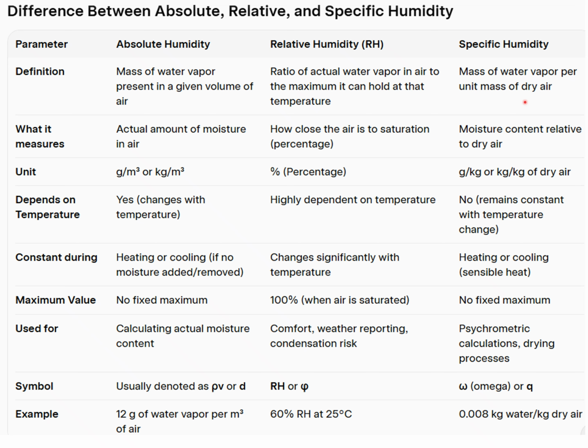It measures the actual amount of moisture in the air, which is why it is commonly used. Relative humidity depends on temperature, because at different temperatures you will find different relative humidity. Specific humidity remains constant with temperature change, and this is why it is used in the psychrometric chart that we will learn in the upcoming slides.